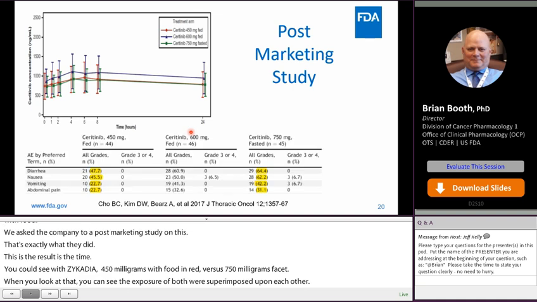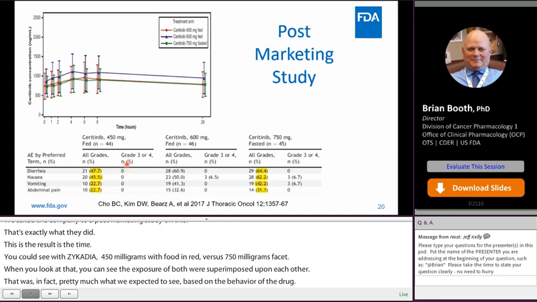Now, when you looked at the adverse events, you could see that when Zycadia was given at 450 with food, it actually had less diarrhea, nausea, vomiting, and abdominal pain than Zycadia does when you give it at a higher dose under fasted conditions, right? So you can see that these are much higher here.